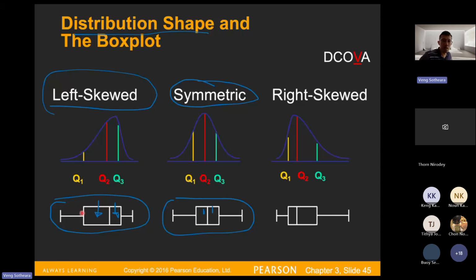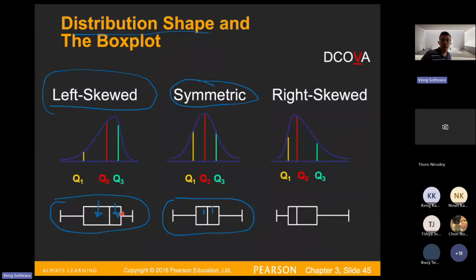Because this position must be for Q1, right? And this position must be for Q2. It would be 25%, right? How about Q1 and Q3? Q1 and Q3, how much percent? 50.